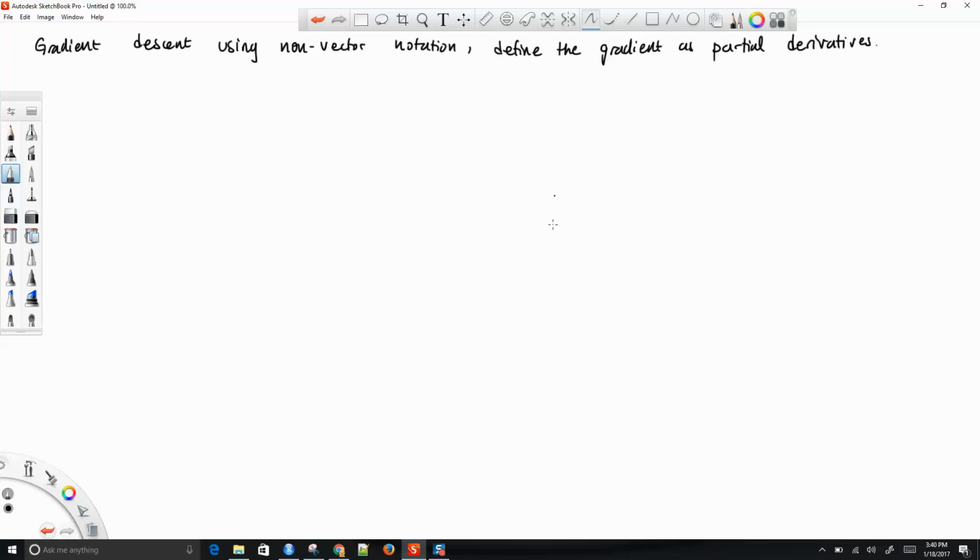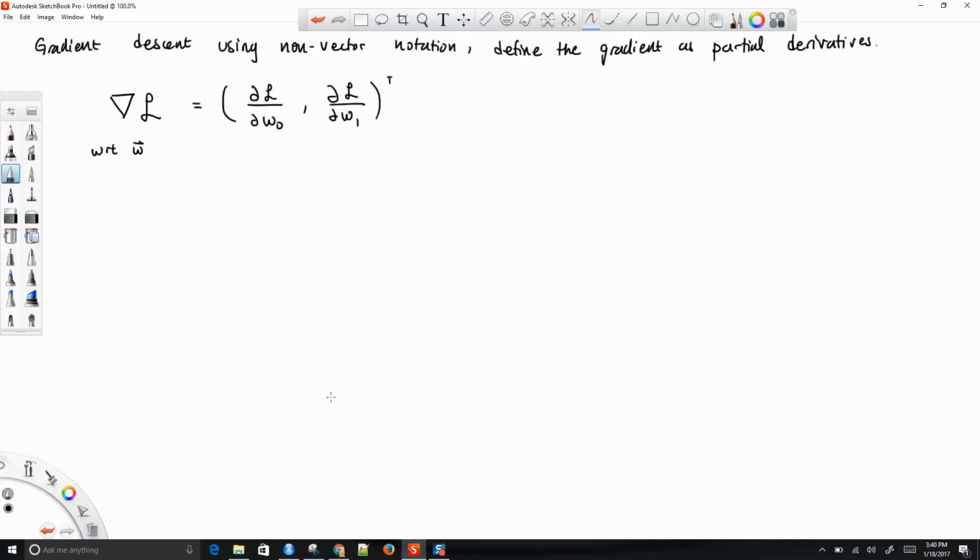So we said the gradient of some function is the partial derivatives of that function. So the gradient of L with respect to W is going to be the partial of our loss function with respect to W0, there's no vector there, just W0, and the partial of the loss function with respect to W1. And we can transpose that.